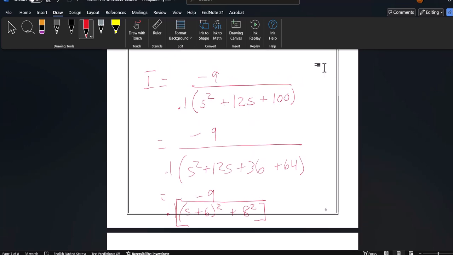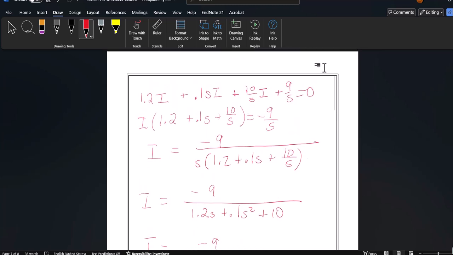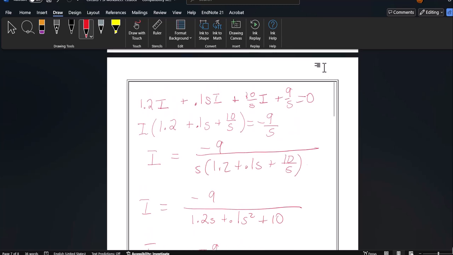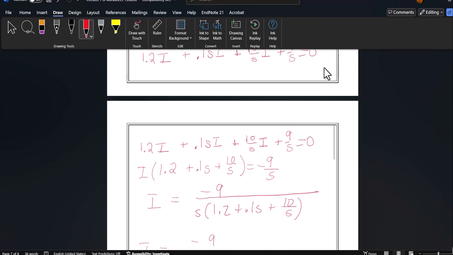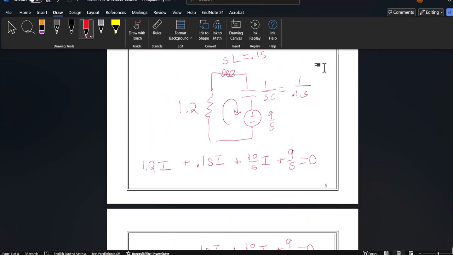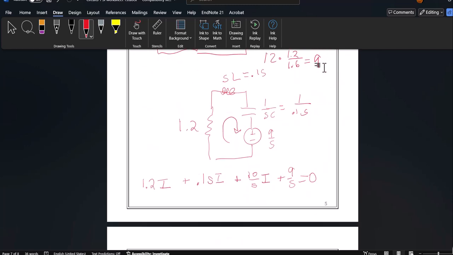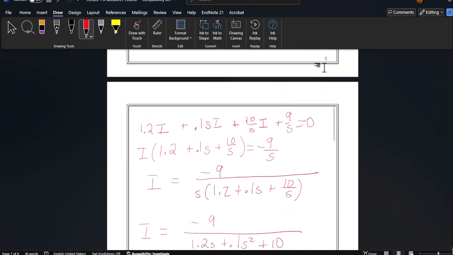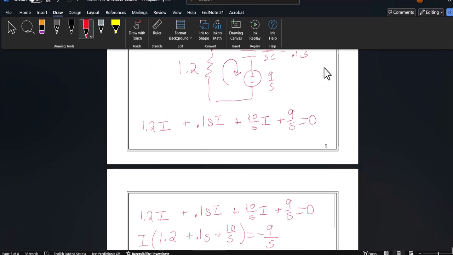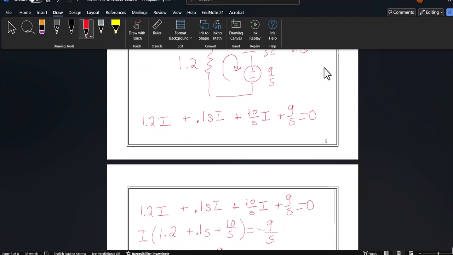The 0.1 was factored out from the denominator, and it came from the inductor, which was 0.1 henries, so that all appears right. The 9 came from the capacitor, where you have to add in the voltage.